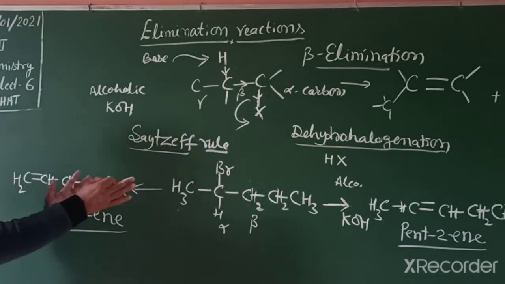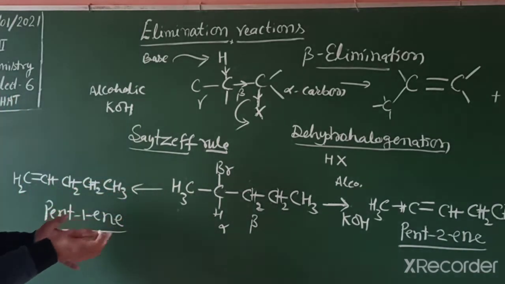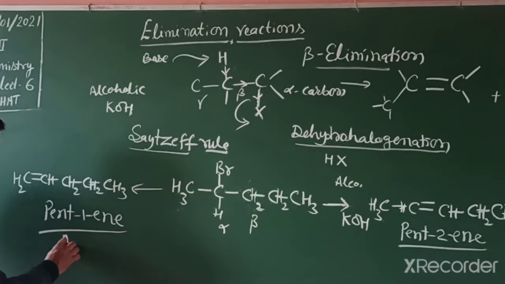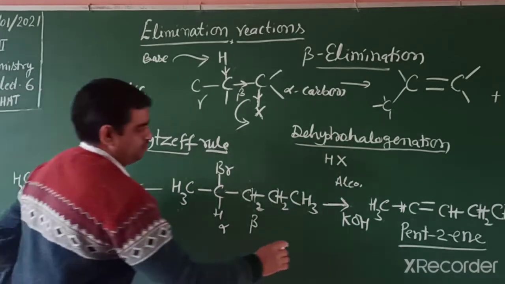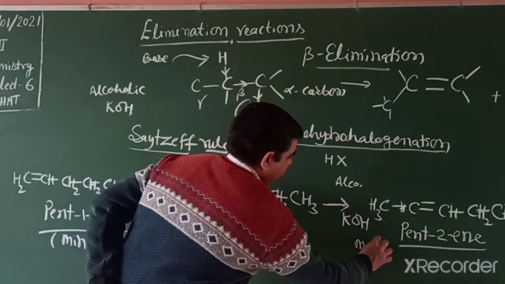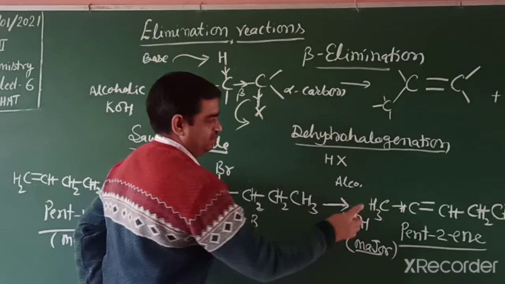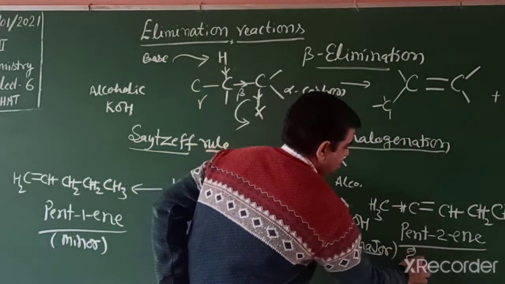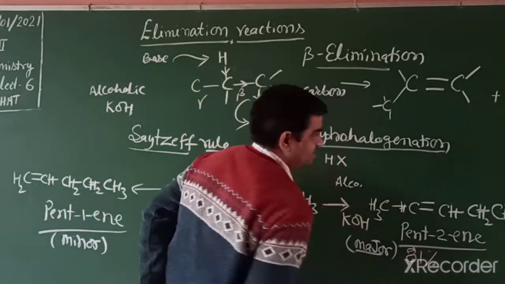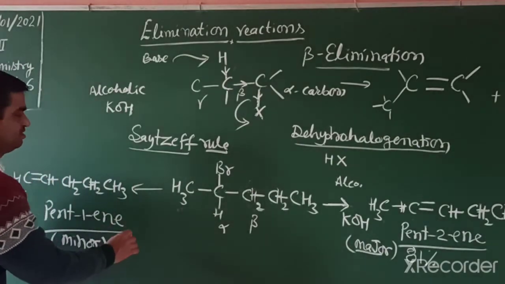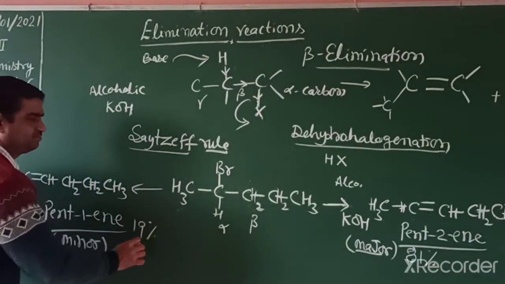So students, we get these two products, one major and the other minor. This one is the minor product and this product is the major product. This example is given in your NCERT book. This pent-2-ene we get 81%, and this we get 19%.